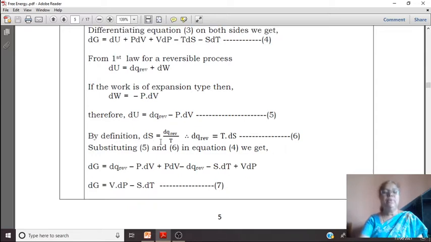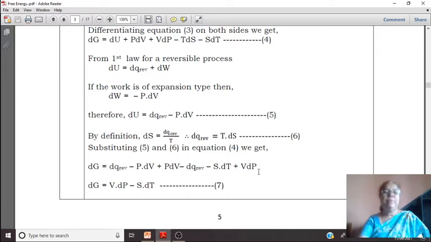Then by the definition of entropy change, we have dS equal to dq reversible by T. Therefore, the product T into dS is equal to dq reversible, that is TdS, and substituting equations number 5 and 6 in equation number 4, we get dG equal to dq reversible minus PdV plus PdV plus VdP minus dq reversible minus SdT.